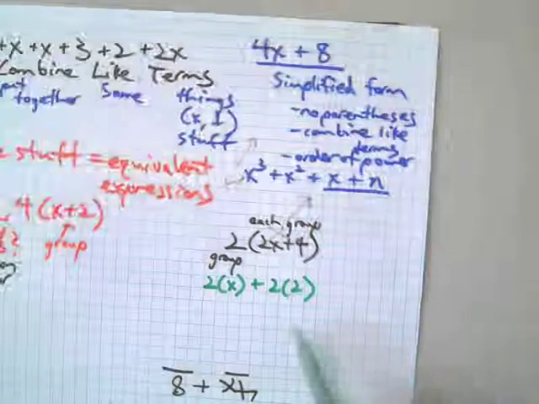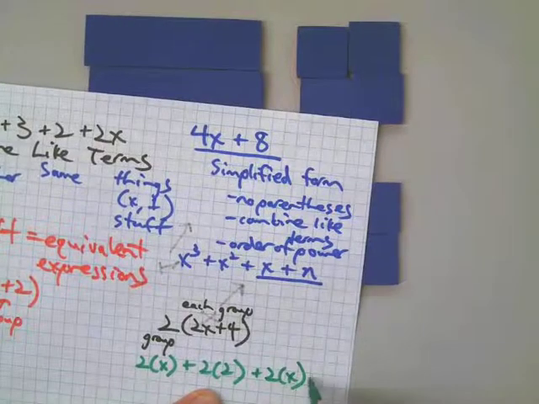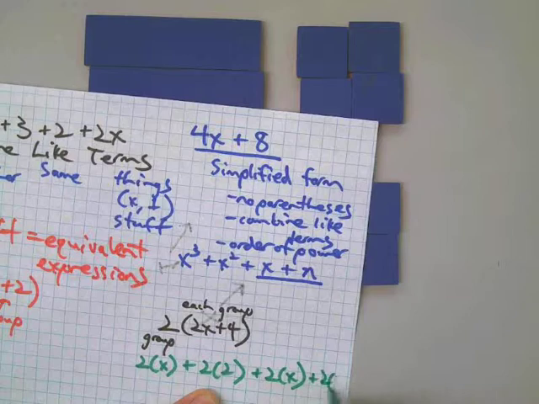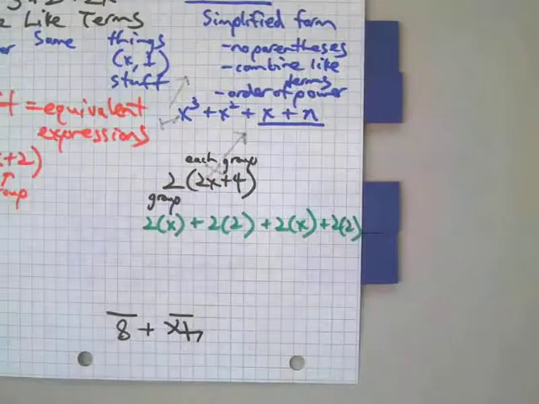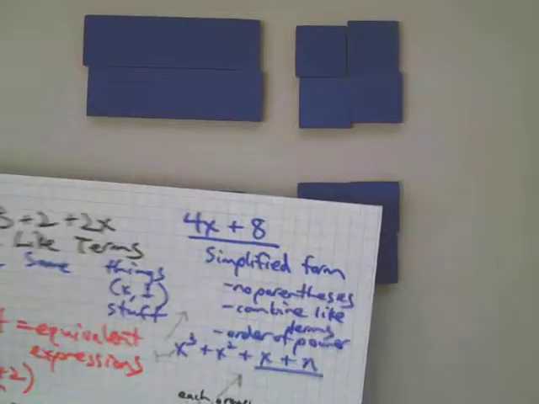Right, that's up top here. 2 x's and 2 2's. And I've got 2 more x's, and I've got 2 more 2's. That's just another way of reorganizing them.